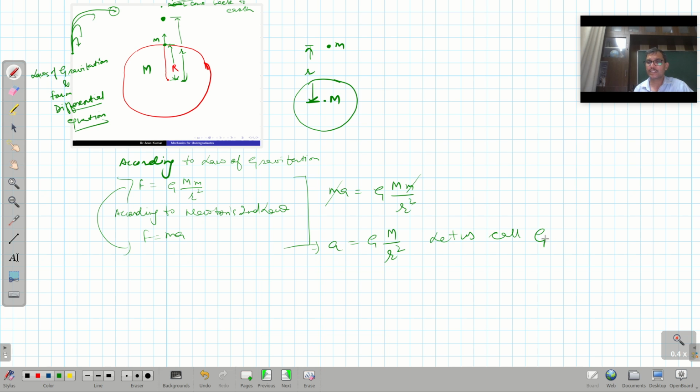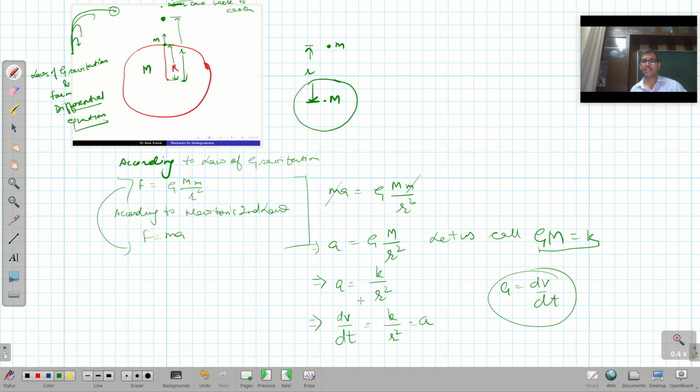Because G is constant and capital M is constant, let us call it k, and it is only r which is varying and a is also varying, so we can write acceleration is equal to k upon r square, right? But as we know that acceleration is rate of change of velocity, so it can be written as dv over dt is equal to k over r square.